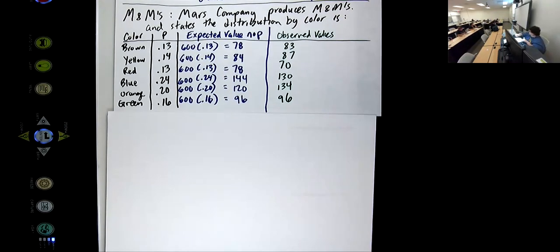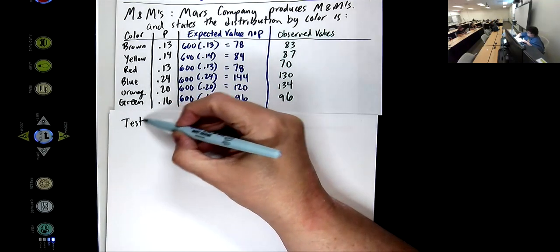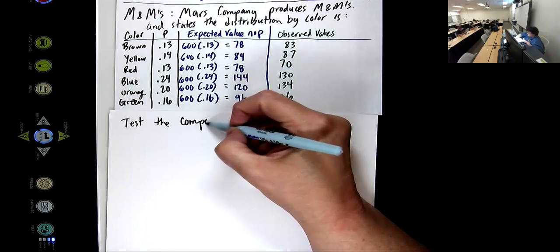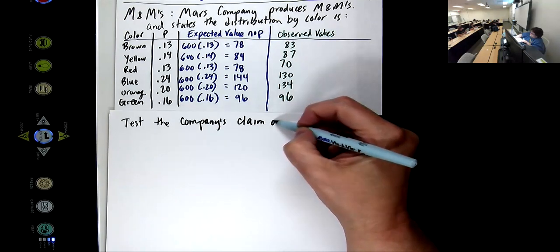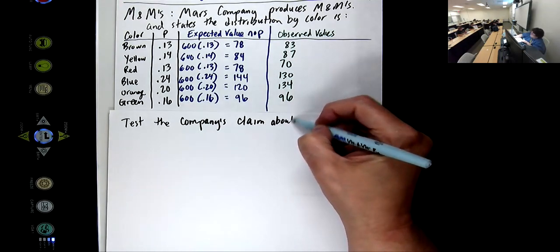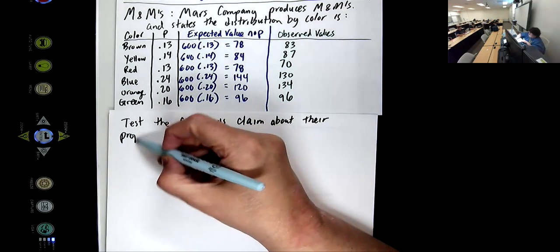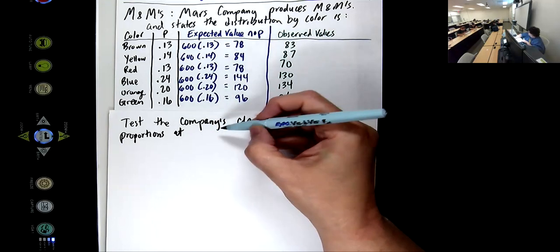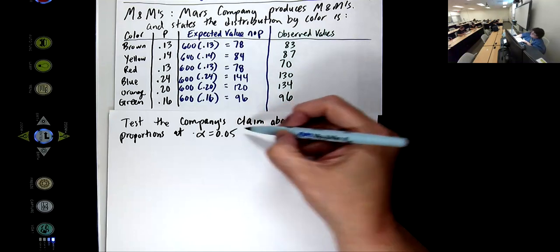Test the company's claim about their proportions. Why don't we use alpha equals 0.05 level of significance.